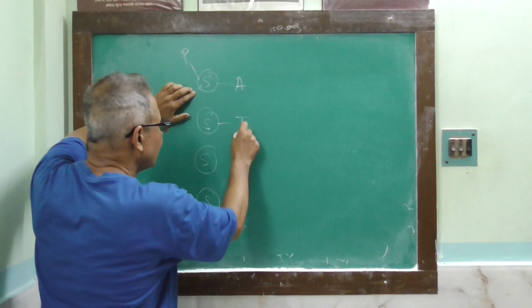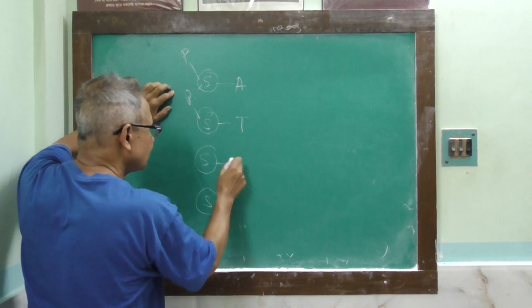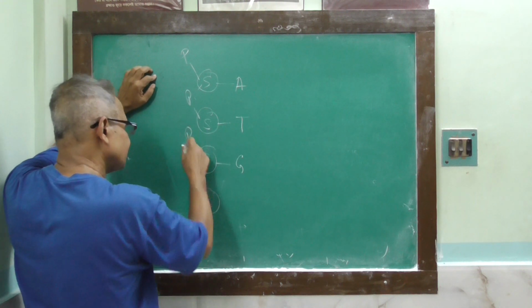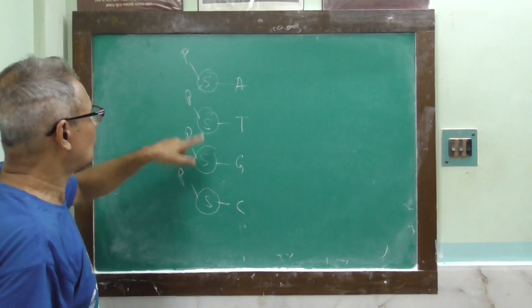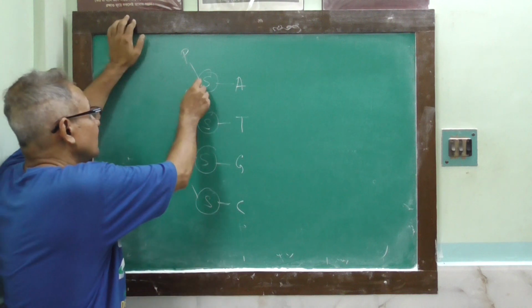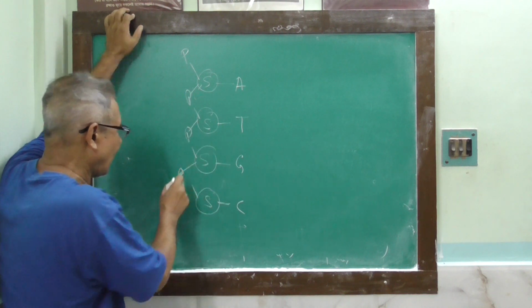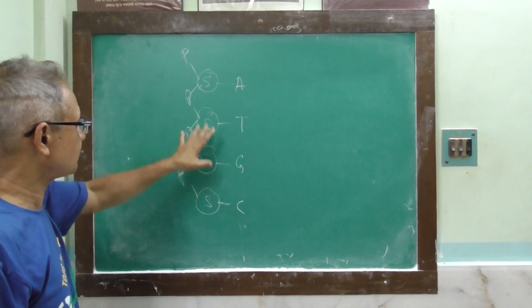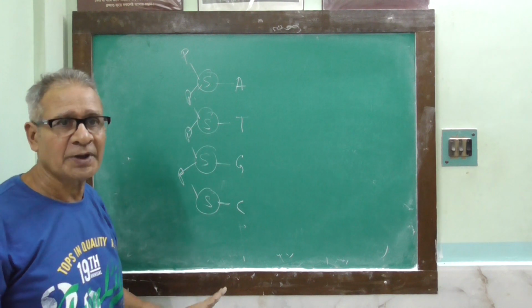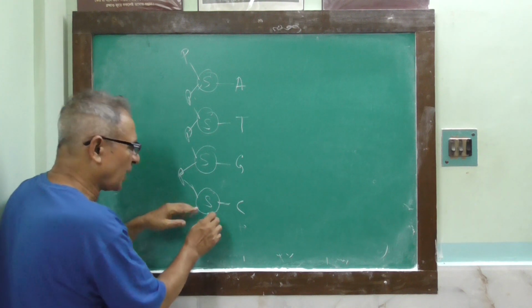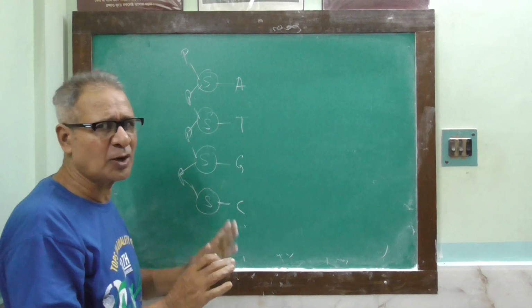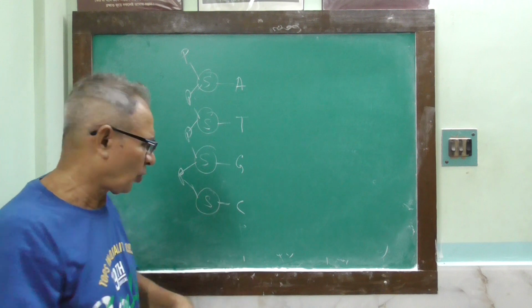Similarly, here A, T, G, these nucleotides are then joined together, and in this way the sugar phosphate backbone is formed. It is the one pole, and in a sugar molecule there is the 3' and 5' end, which you will know later on.